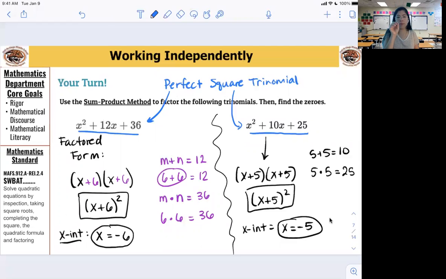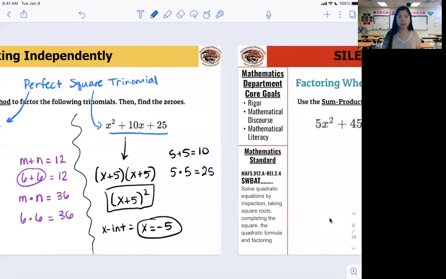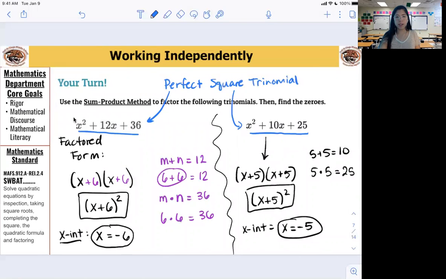We're going to go from medium to medium high. Okay. Now, if you notice all the examples that we've been doing, let me actually go back. What is the leading coefficient in each of these? What is A? A equals 1. Remember, it's the number in the front, the invisible 1.